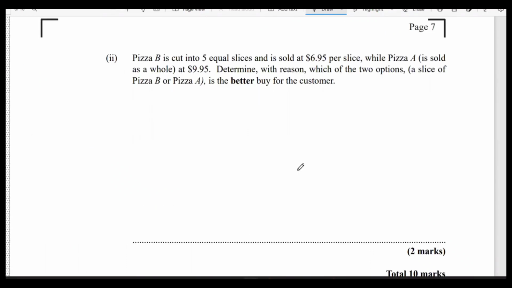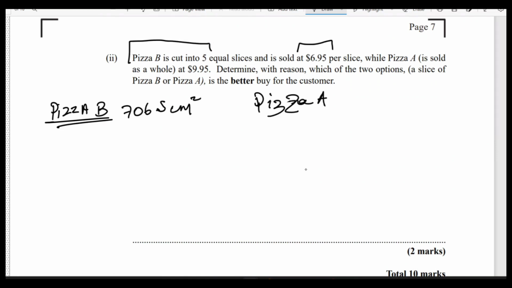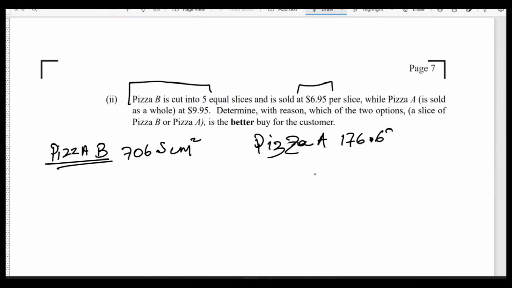Pizza B is cut into 5. So I'm working with my pizza B. It has an area of 706.5, and pizza A has 176.